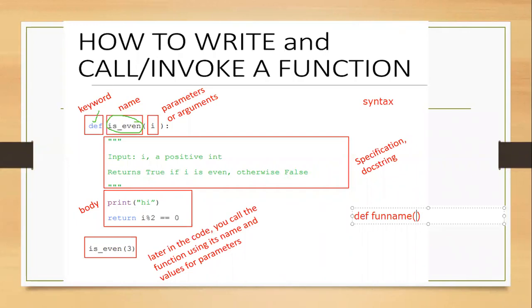So inside this bracket is where my parameters go. So in this case, my parameter is 1, I. After that, you put a full colon. You put a full colon.